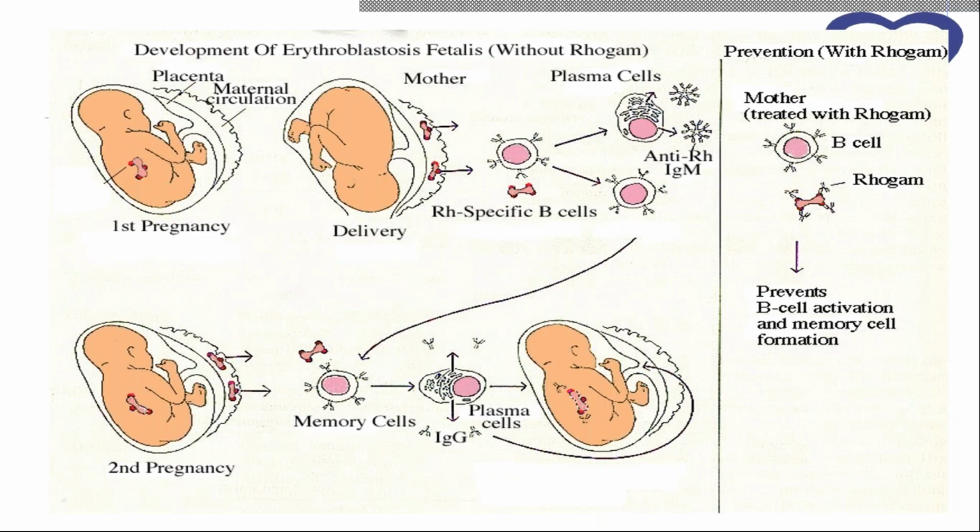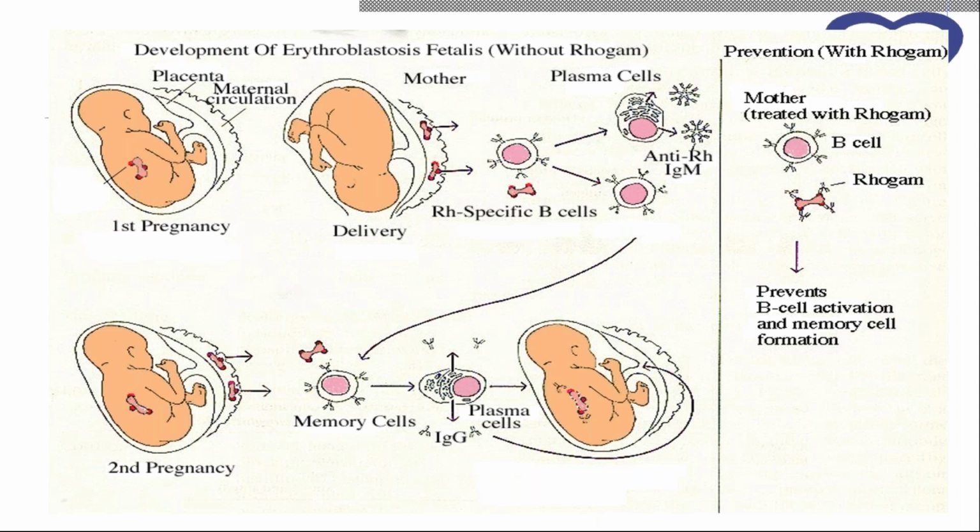Yes, let me brief you a little about the pathophysiology. If there is an Rh positive fetus and there is any feto-maternal hemorrhage into the maternal circulation, they excite an immune reaction in the mother, and the first antibodies which are formed are IgM antibodies against these Rh positive cells.